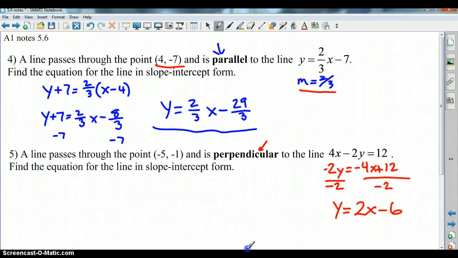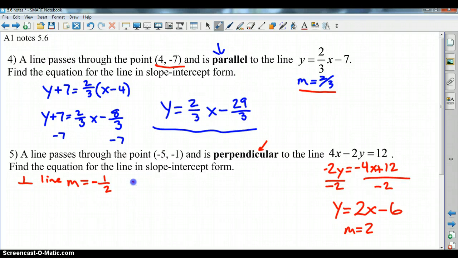The y-intercept doesn't really matter to us, but it's minus 6. Okay, now the key to all that was to see that the slope of this line was 2. That's not, however, the slope of our perpendicular line. The perpendicular line has a slope that's the opposite reciprocal of that. So it has to be negative, and the reciprocal of 2 is 1/2.